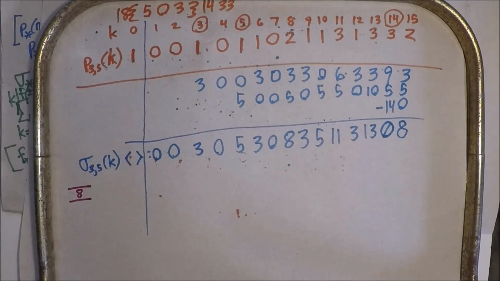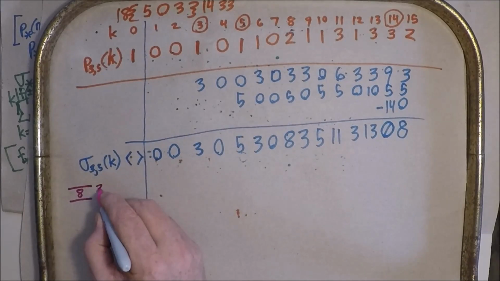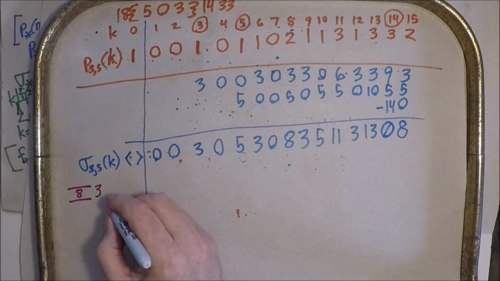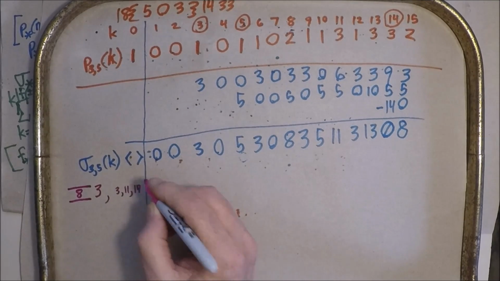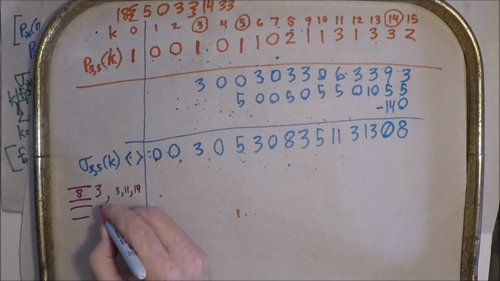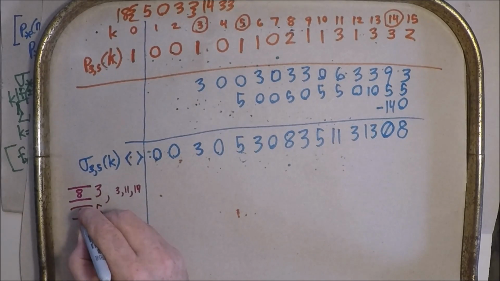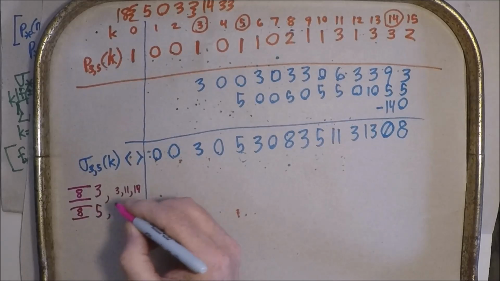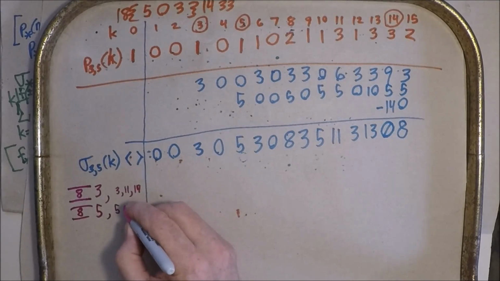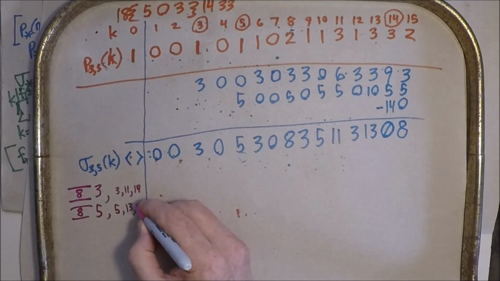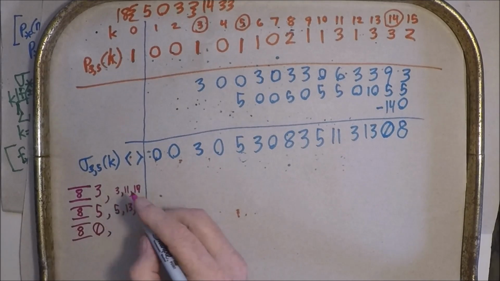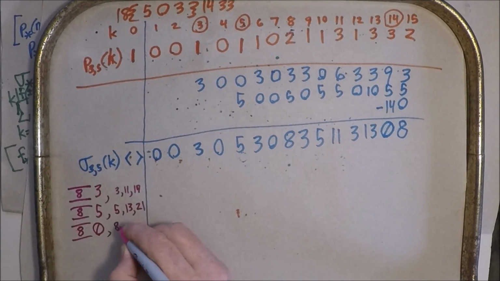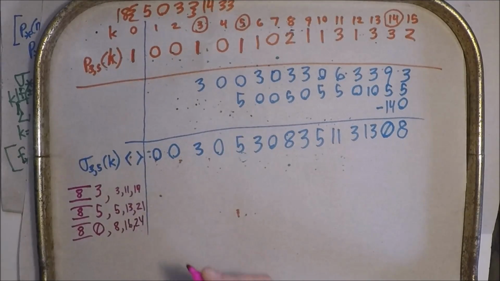So the numbers that are equivalent to 3 mod 8 are going to be 3, 11, 19, etc. Numbers that are going to be equivalent to 5 mod 8 are 5, 13, 21, and numbers equivalent to 0 mod 8 are going to be 8, 16, 24, etc.